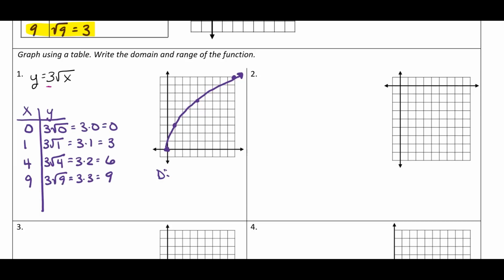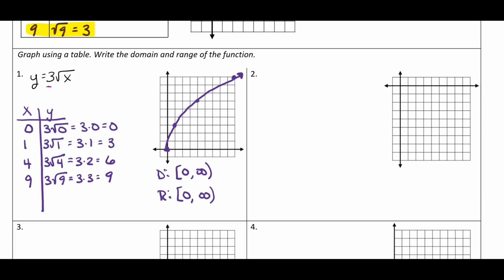I know some of you like that notation better. So if it's all real numbers greater than or equal to 0, we're going to have a bracket on 0, and it's going to go to positive infinity with a parenthesis. And my range is also going to have a bracket on 0, and it's going to go to positive infinity. Okay, so that would be the graph if we have y equals 3 times the square root of x.